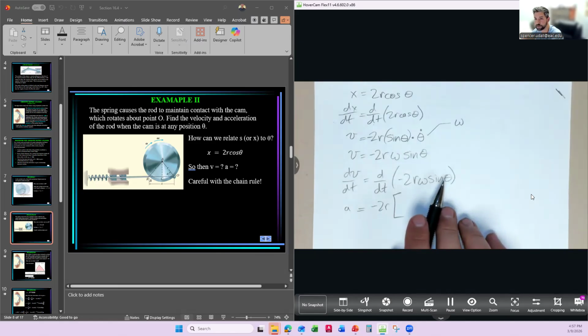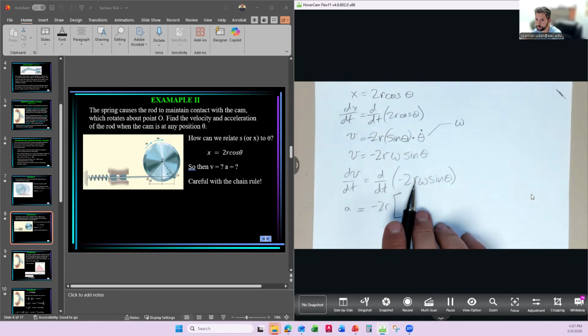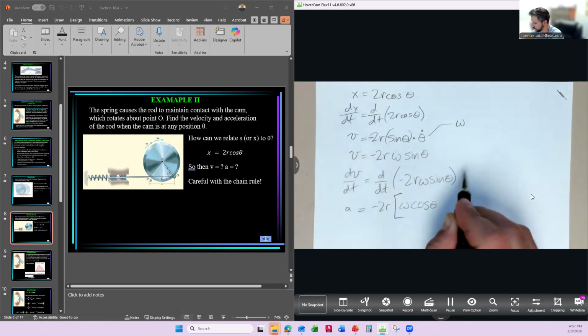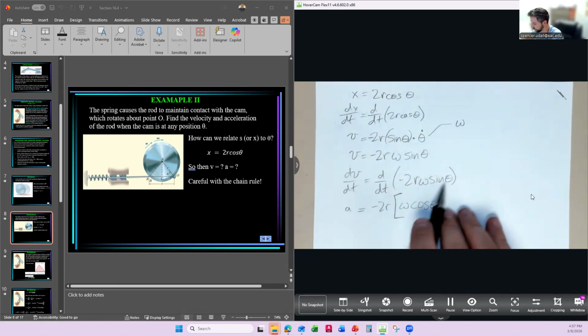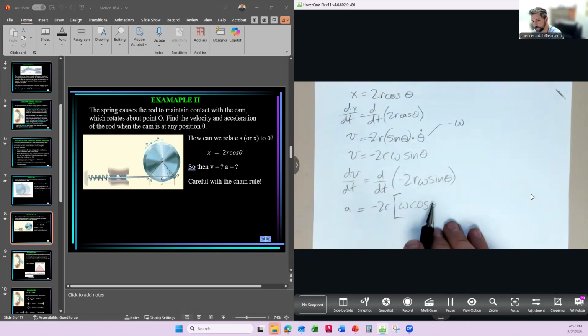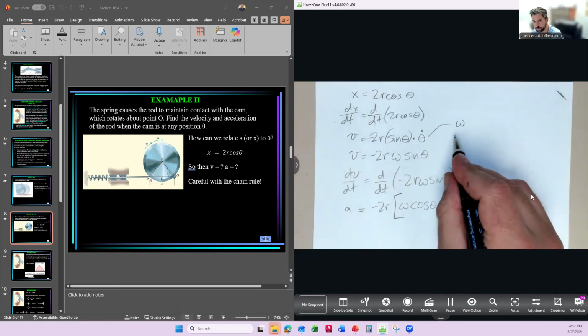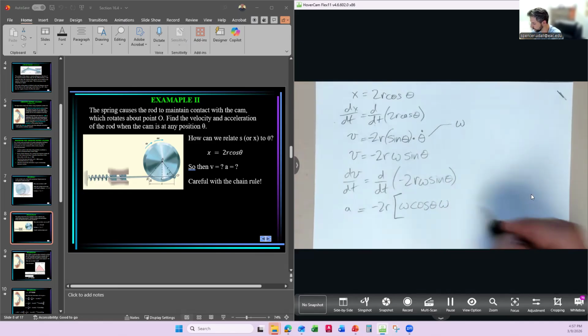So I've got to make sure I product rule it this time. So product rule of omega sine theta would be the first times the derivative of the second, which would be cosine theta. But the derivative of sine theta is cosine theta, which triggered a chain rule. So that needs to be a theta dot, or instead let's just put in omega, right?